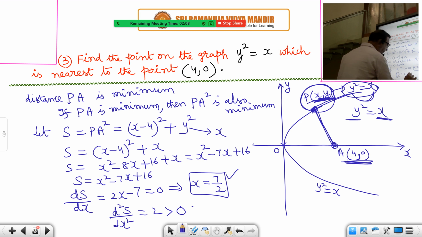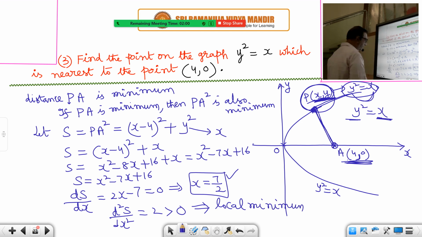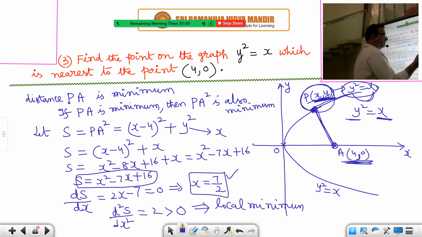Second derivative positive means what? Local minimum. Correct. So that means at x equal to 7 by 2, S is minimum. S means the square of the distance. Square of the distance minimum means the distance is also minimum.